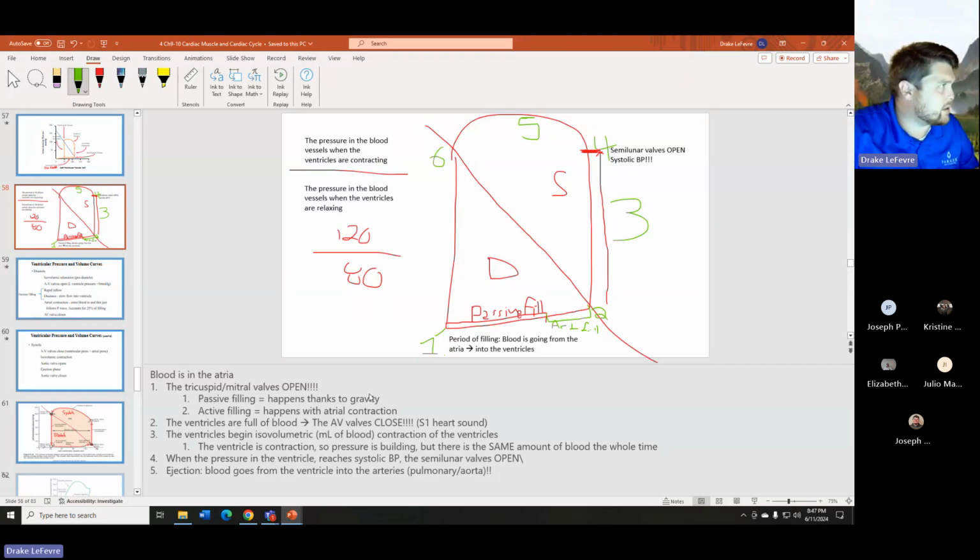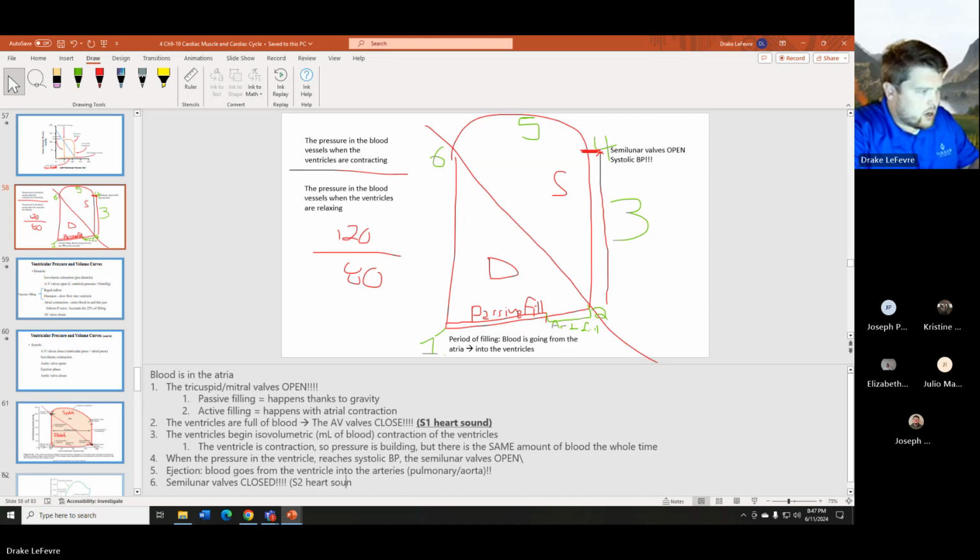So right there at 6, the semilunar valves snap shut. And remember, whenever a valve shuts or a door closes, what do we get? Sound. S2. We get a sound, right? So we get our S2 heart sound.